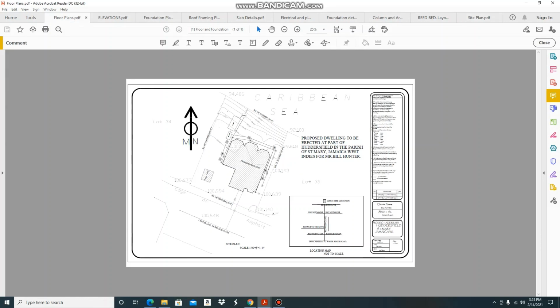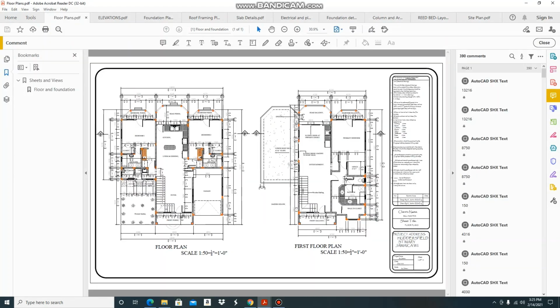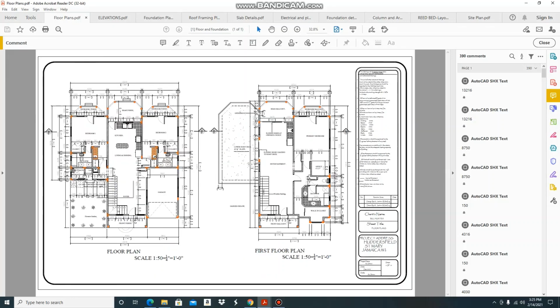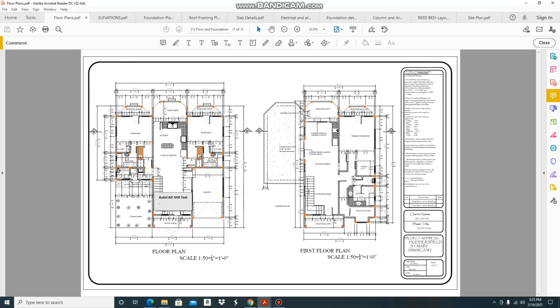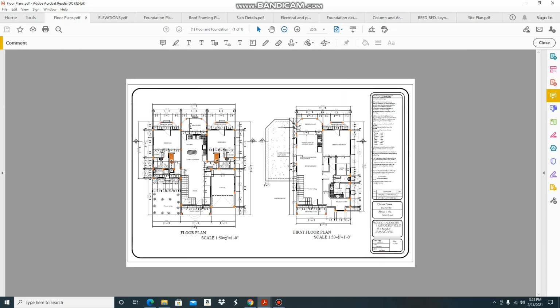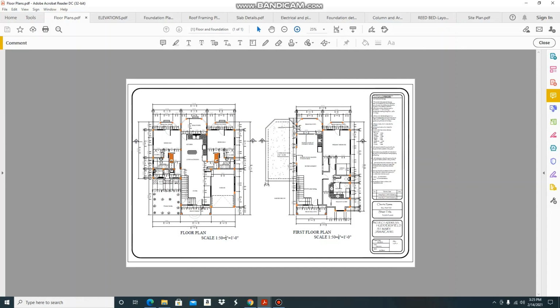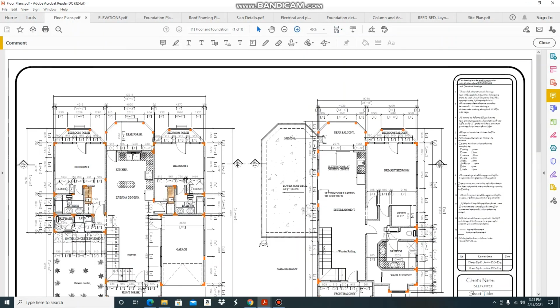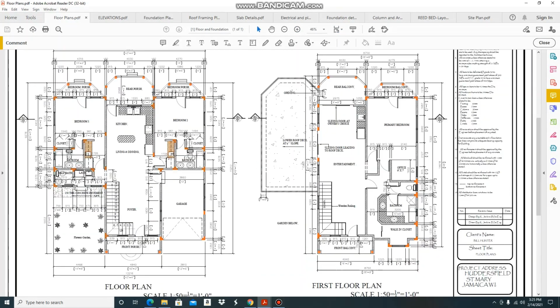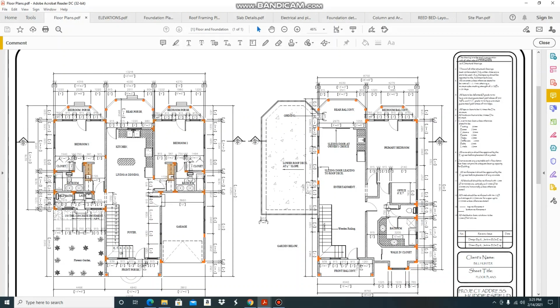Okay, so yeah. So your floor plan, in my estimation, is the most important part or feature of your building designs or your working drawings, because most of your drawings are going to be derived from your floor plan.